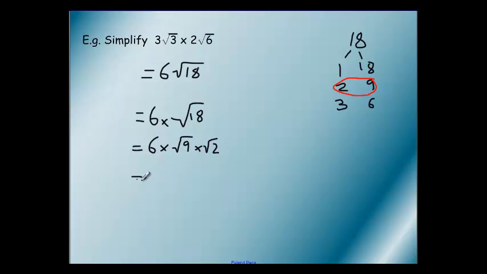Now the square root of 9 I can work out is 3, and 6 times 3 is 18 times the square root of 2, which finally simplifying gives me 18 square root 2.